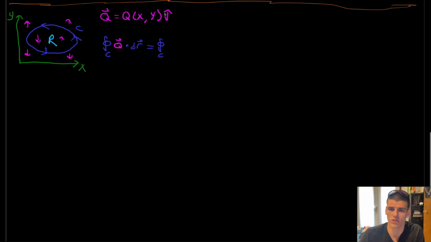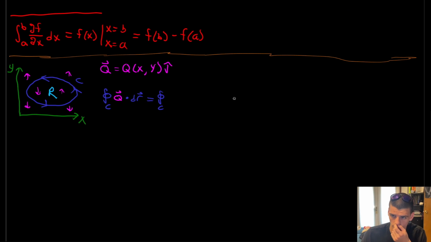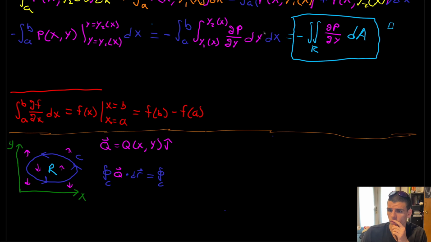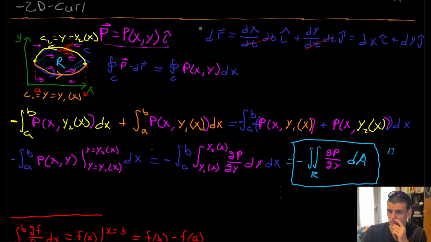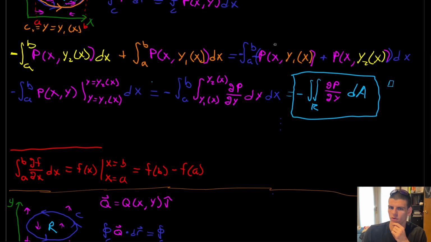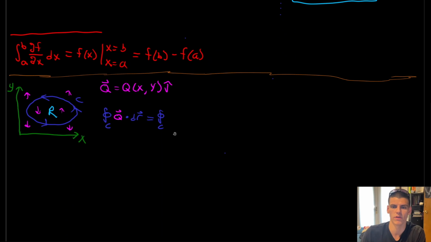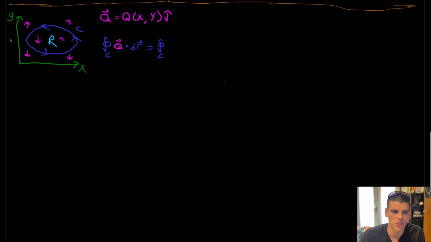Think about it: this one only has a j component, so when dotted with our dr up here, which has dx i, dy j, we lose the i component because it has 0 for the i component. And we're just left with this function Q of x, y times dy.